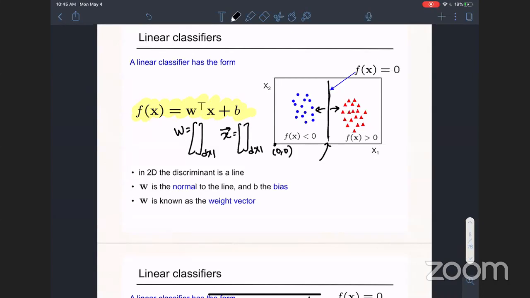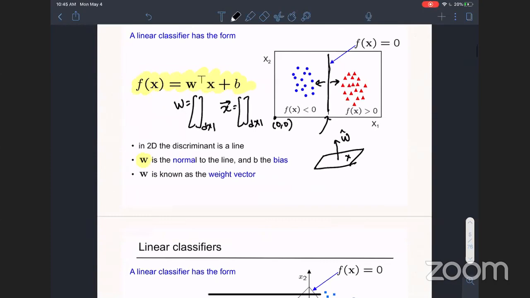So W, in terms of geometry from class 11th or 12th, just to remind you guys, is basically normal to the line or normal to the plane, right? It's called a weight vector in this model, but in terms of geometry, it's basically normal to the plane. So if you have a hyperplane, then W is the normal vector to the plane, whereas X would be some point on this plane.